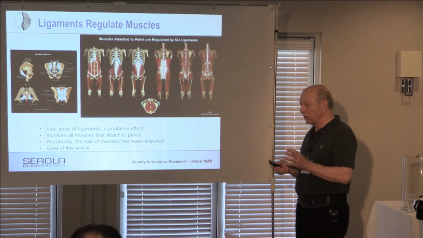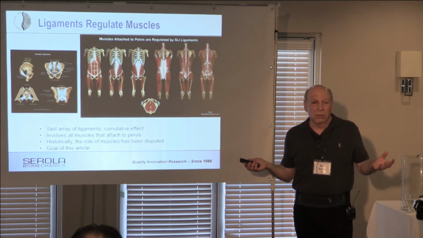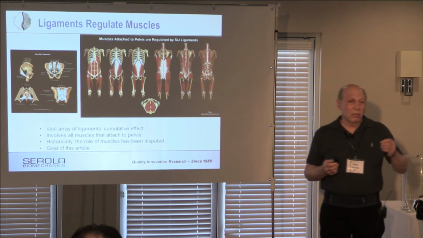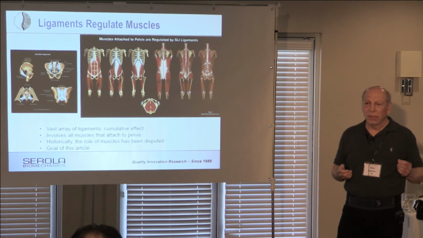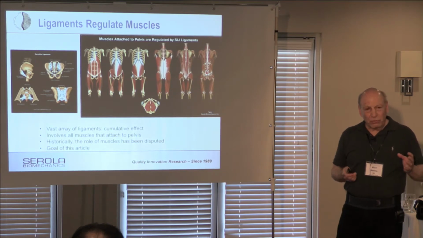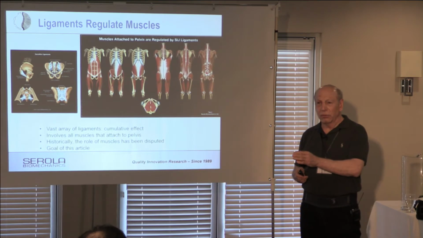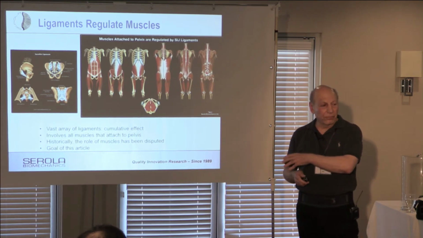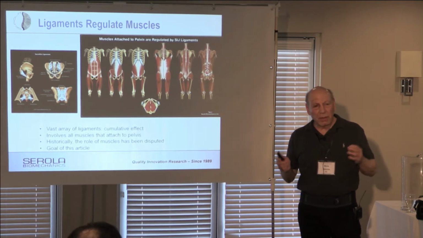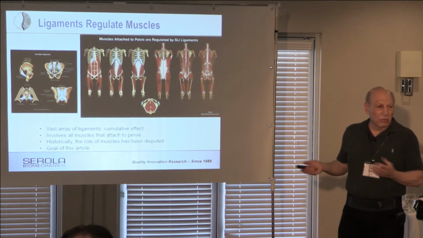Historically, the role of the muscles has been disputed, because many years ago, the sacroiliac joint was thought not to move. And once it was proven to move, it still took decades for that information to filter down to the average clinician. Decades. At the time it wasn't thought to move, the muscles, of course, couldn't move it.